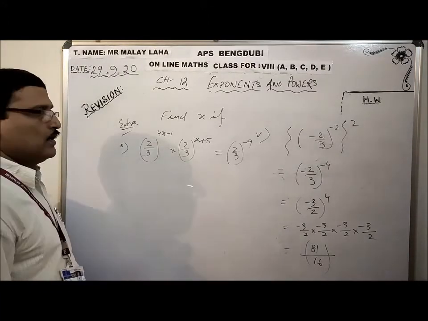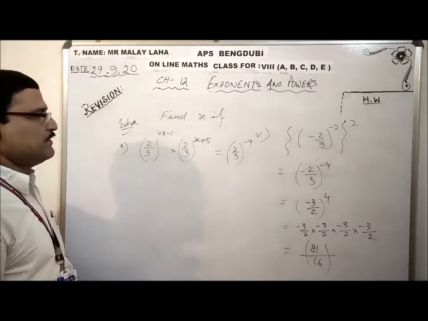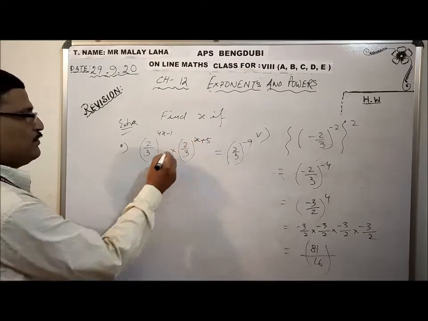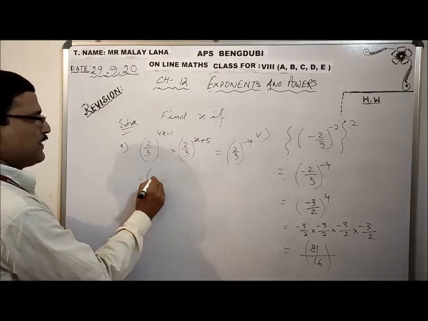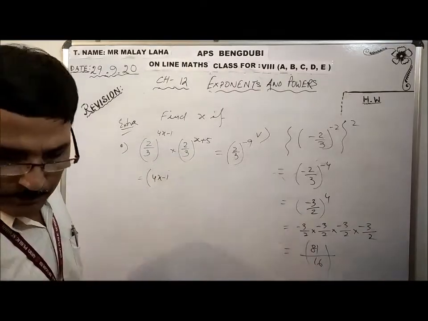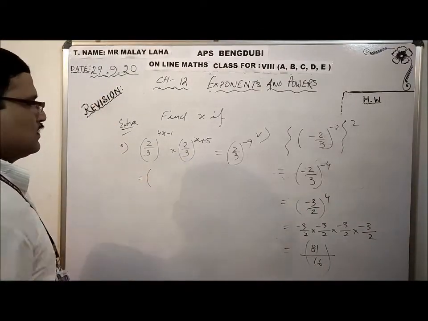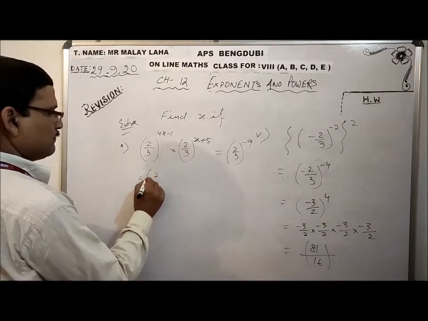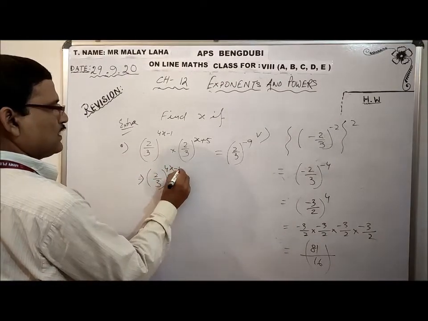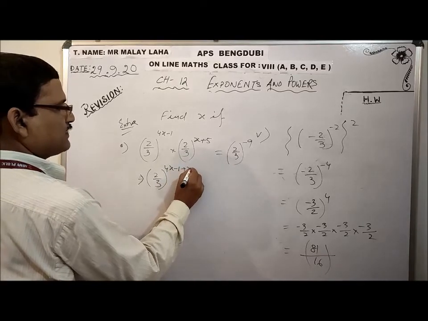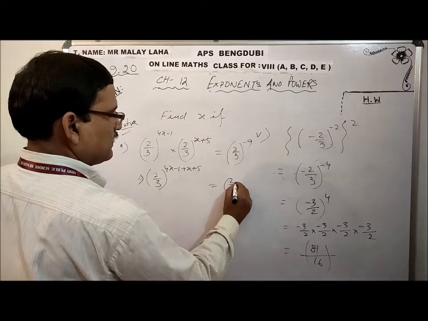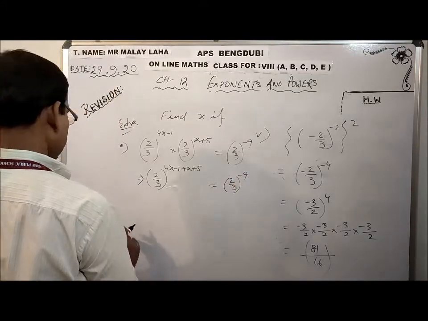Very important. All are the same, having the same base. So what to do? In the case of multiplication, the powers will be added. So under one power, I write 2 by 3 raised to 4x minus 1 plus x plus 5, that equals 2 by 3 raised to minus 9.